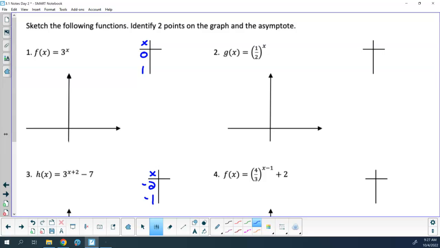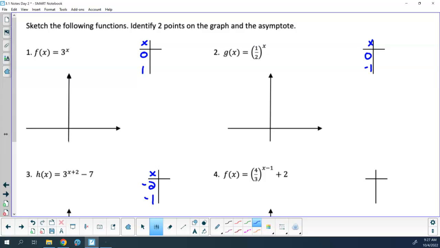Now, you could also go here like in number 2, you could choose 0 and you could choose -1. Because then that negative exponent, remember, takes that fraction and flips it over. Okay? So you could choose -1 there also.